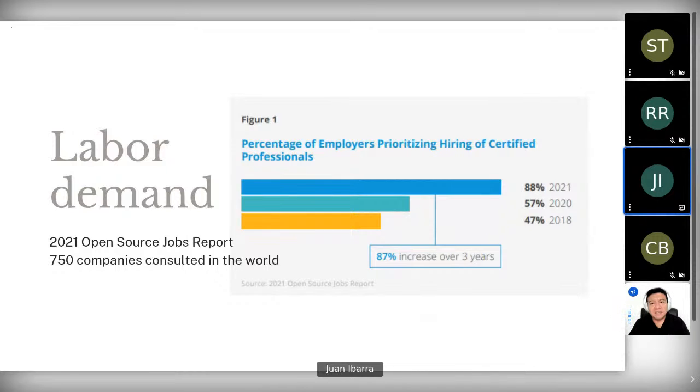Exacto, lo cual da vista de que ha aumentado, o sea, entre el 2018 y el 2021 el porcentaje de empleadores que priorizan la contratación de profesionales certificados está en aumento. Cada vez se dan cuenta que es necesario tener dentro de su staff personas certificadas.